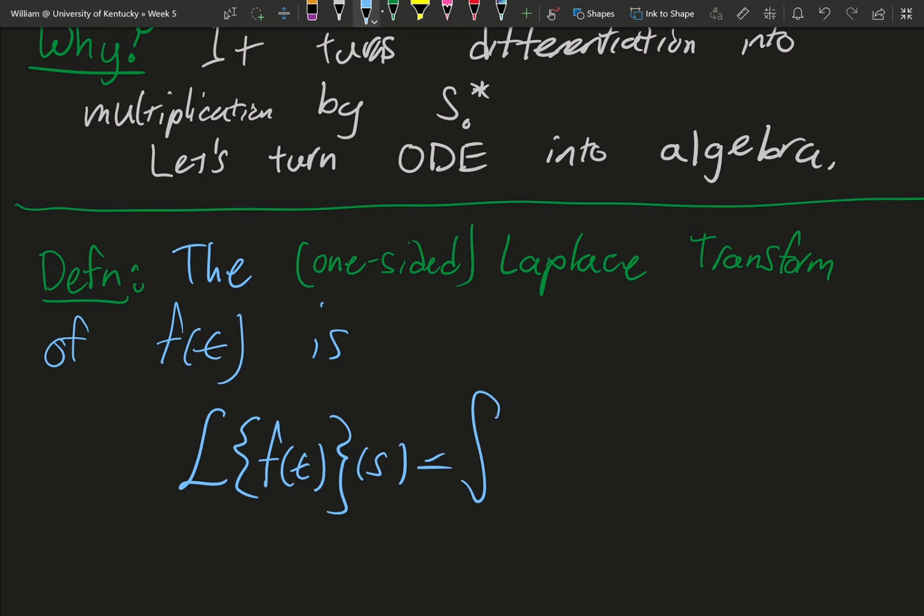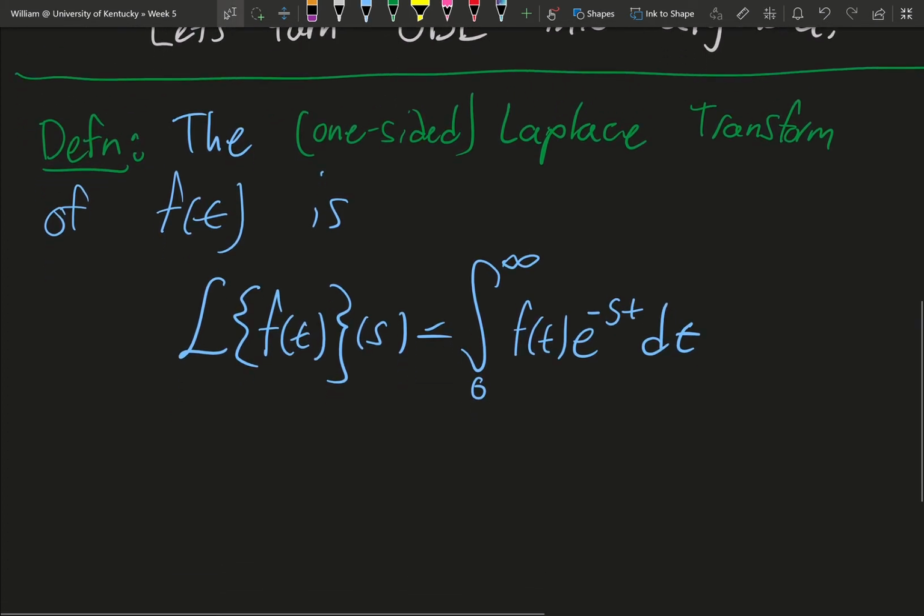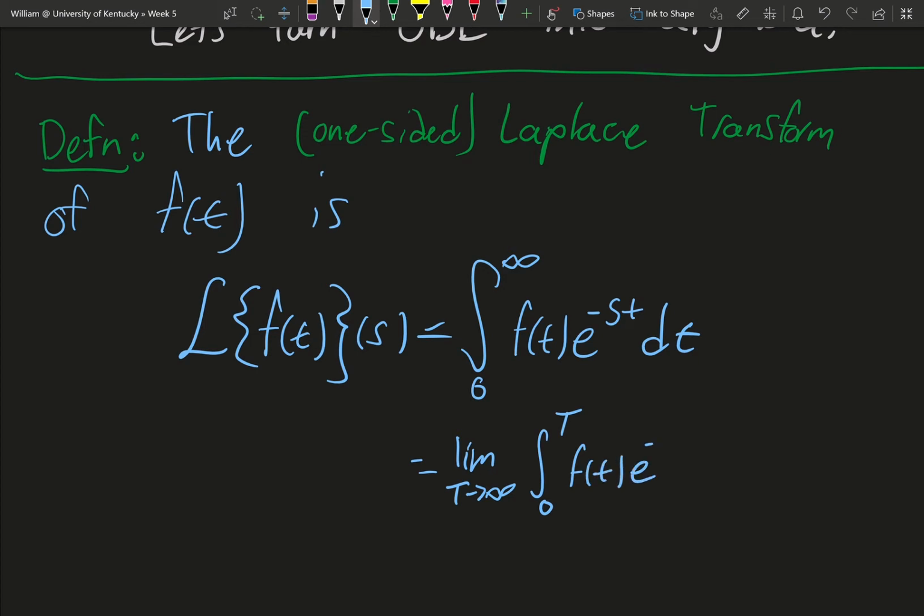It's the integral from 0 to infinity of f of t times e to the negative st dt. And remember what this notation means, 0 to infinity. That's the same thing as the limit as capital T goes to infinity of the integral from 0 to capital T of f of t e to the negative st dt.